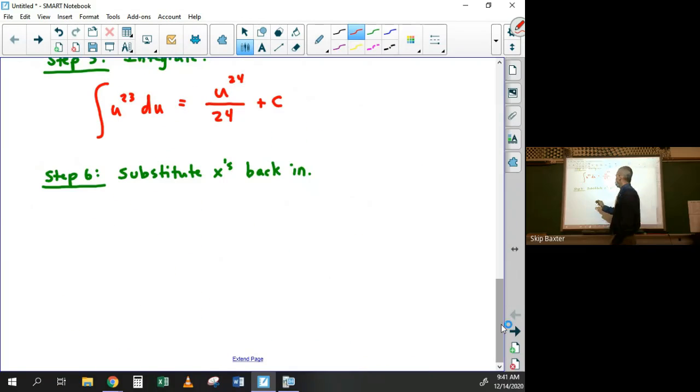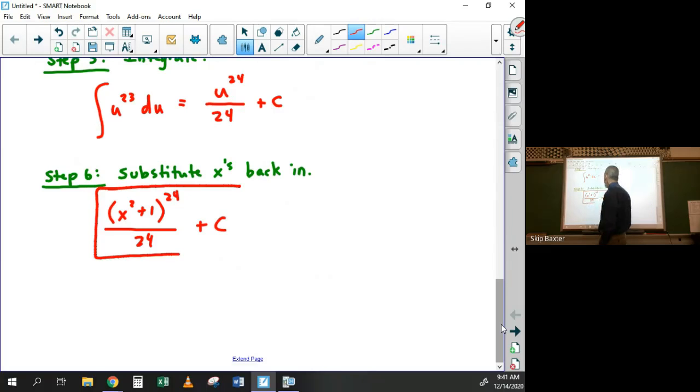I'm just going to substitute that back in. So this is x squared plus 1 to the 24th divided by 24 plus c. And that's the final answer. If you differentiate that, you get what the original integrand was. So you're right. You got the right answer.